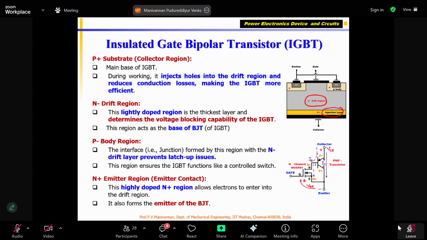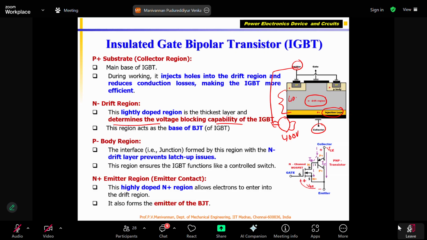It determines the voltage blocking. Another thing is the drift region thickness decides the maximum voltage you can apply across the collector and emitter, that is, across your load resistance, the motor. If I want to connect a 400 volt motor, the thickness should be bigger.